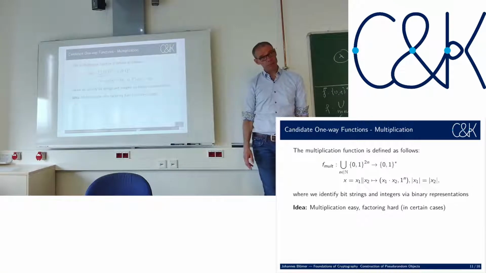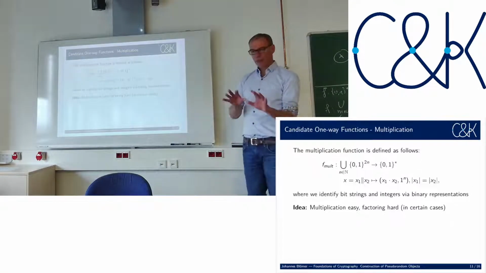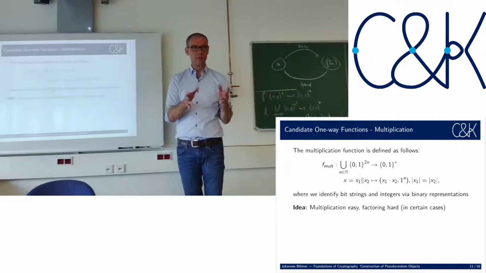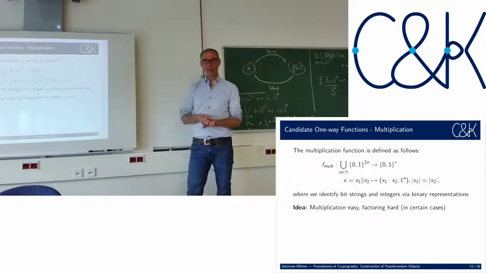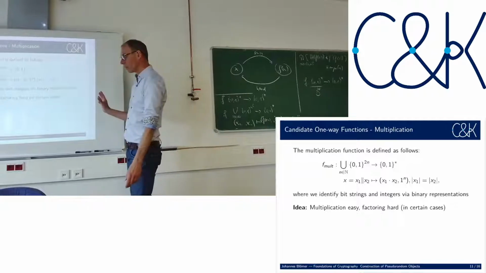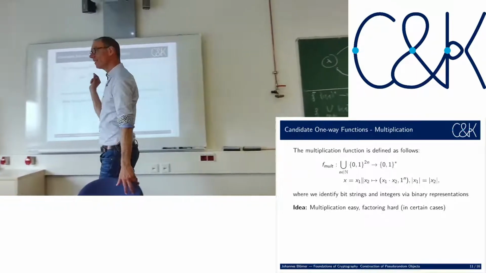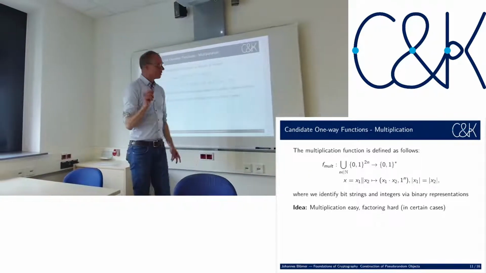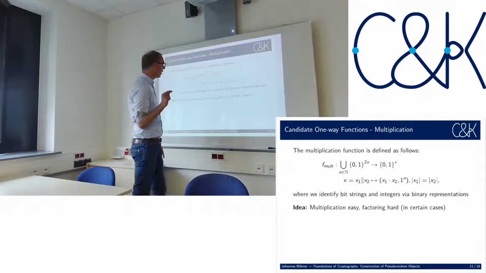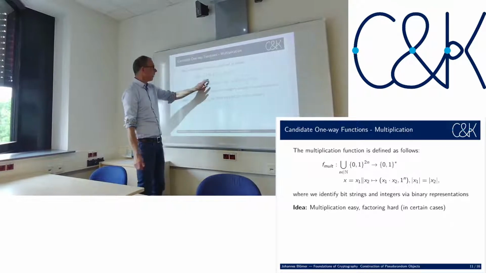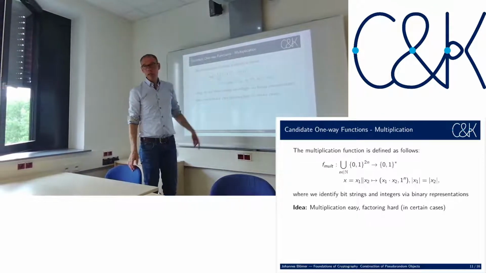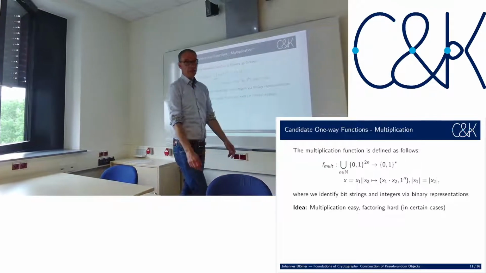It's multiplication, and I defined it a little bit strangely to fit it into the bit string situation, but it's basically multiplication with an important additional ingredient. The multiplication function is defined on this restricted domain of inputs that have even length.